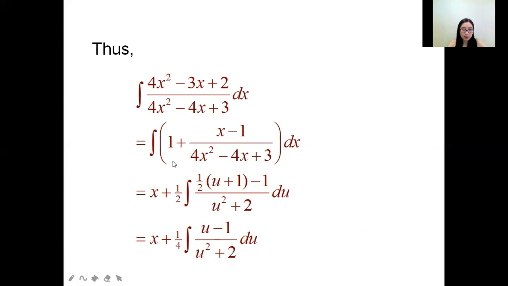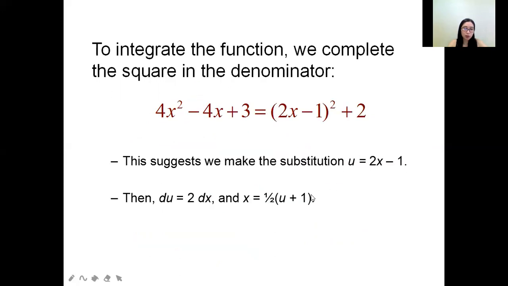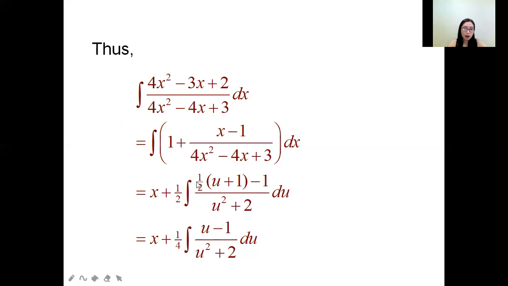So we have x, the integral of 1 is x, plus, using the chain rule, let u be equal to 2x minus 1, we have 1/2 integral of (1/2 times (u plus 1) minus 1) over (u squared plus 2) du. So we reduce the integral to x plus 1/4 integral of (u minus 1) over (u squared plus 2) du.